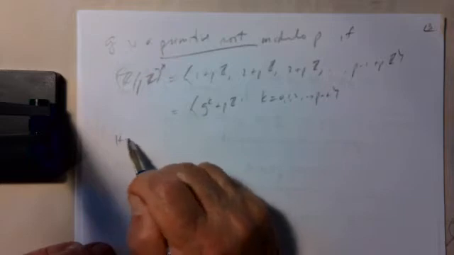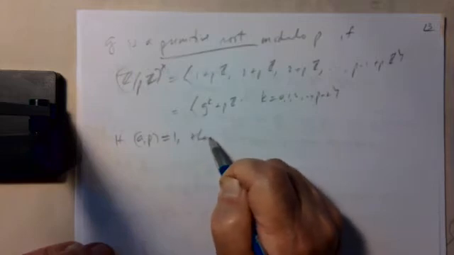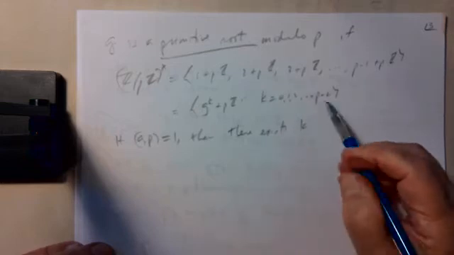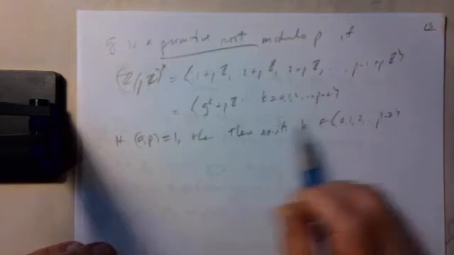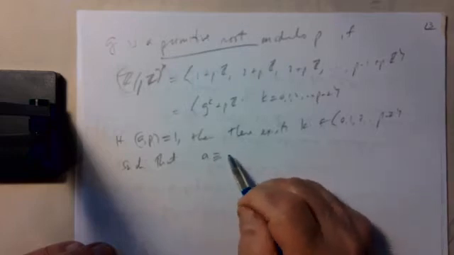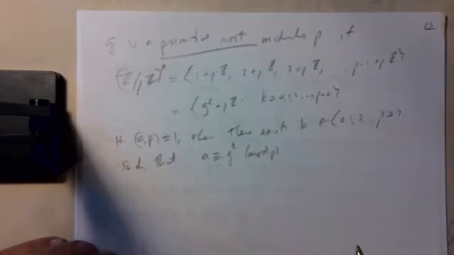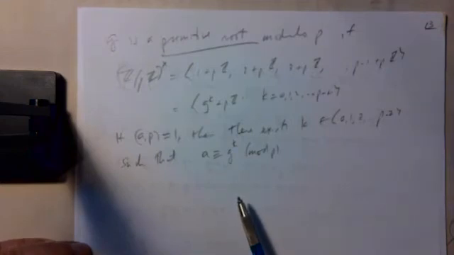Equivalently, if a and p are relatively prime, then there exists a k in 0, 1, 2, up to p minus 2, such that a is congruent to g to the k mod p. Right? So a primitive root mod p is a number such that every non-zero congruence class mod p is a power of g.